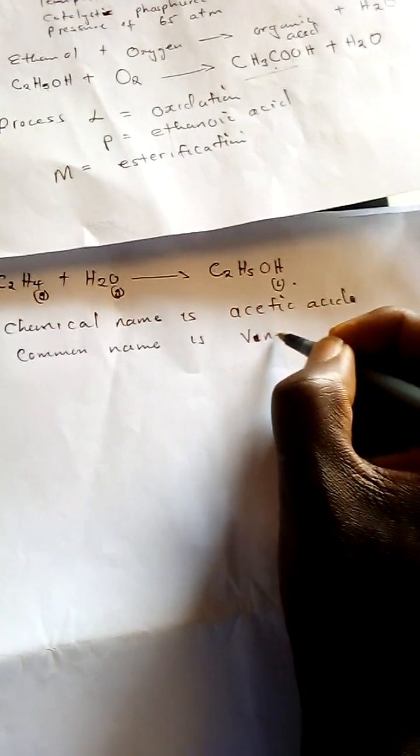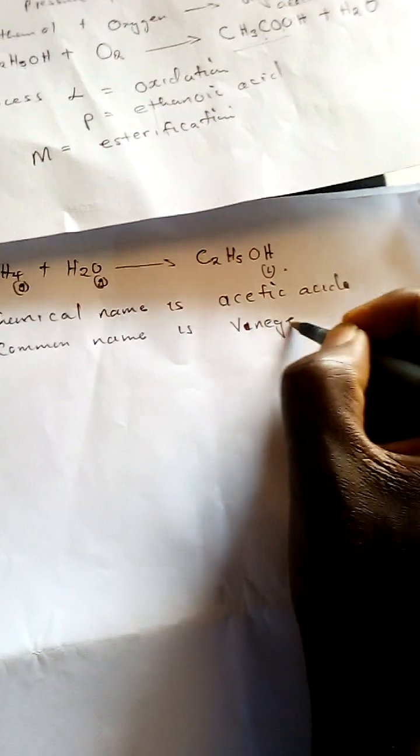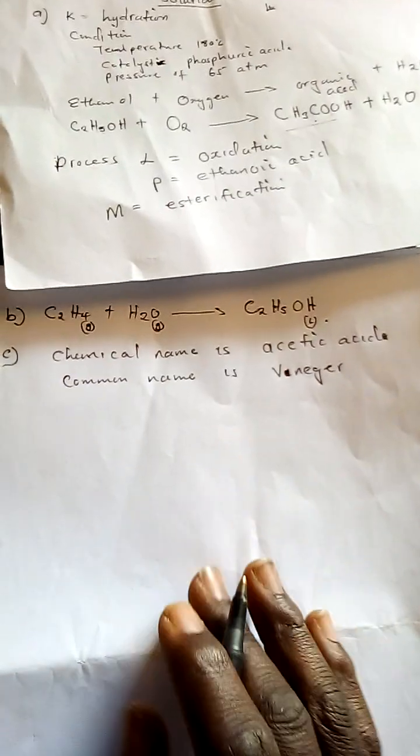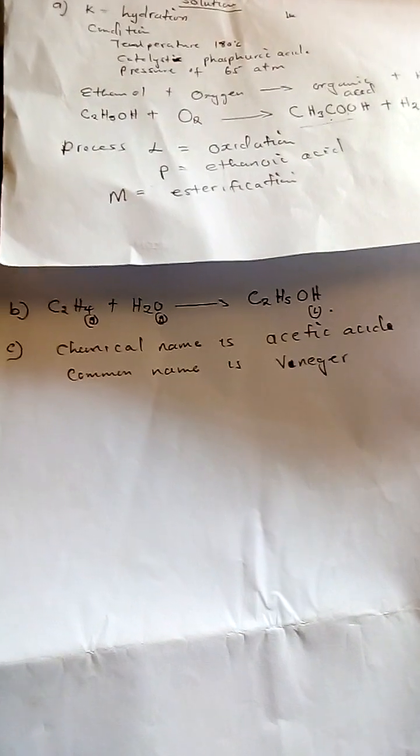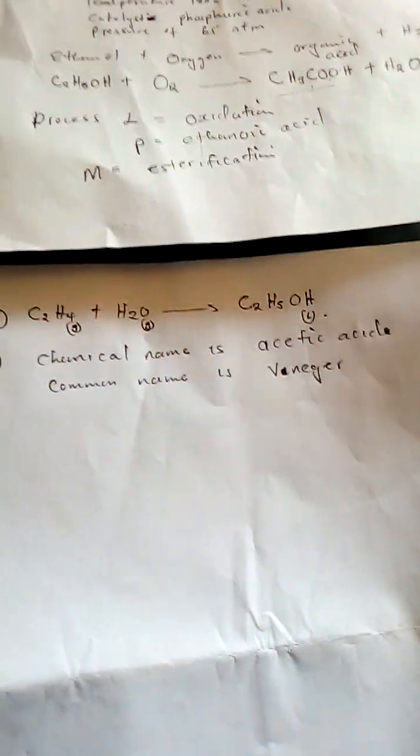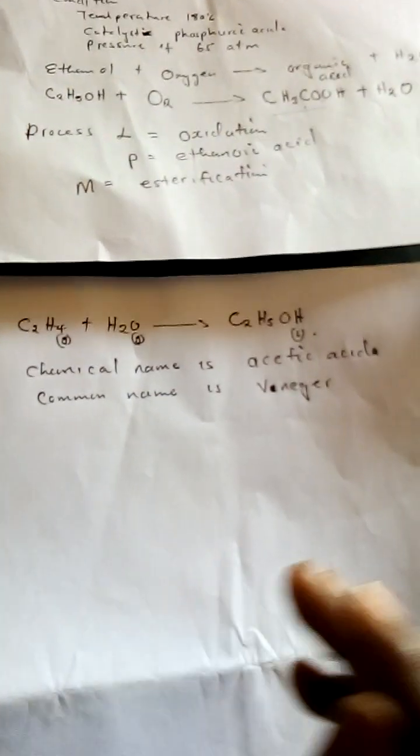So the common name is vinegar. Then the chemical name is acetic acid.